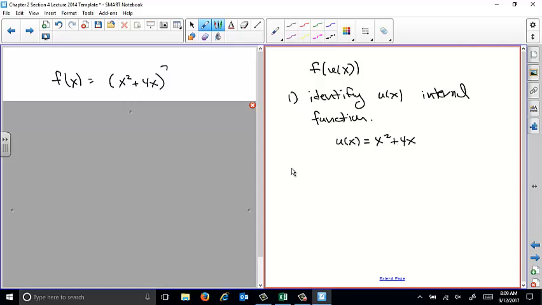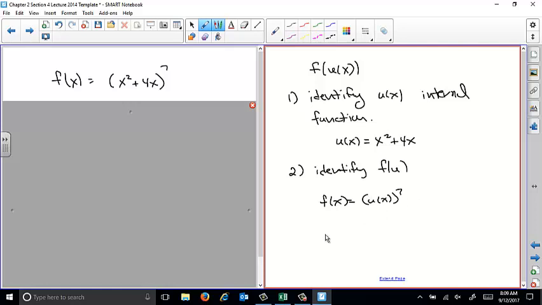And then you identify the outside function. So we identify f of u. Okay. So that's the function that if I replaced u of x with u, so if I replaced in the original equation in f of x, I'd have u of x to the 7th power.